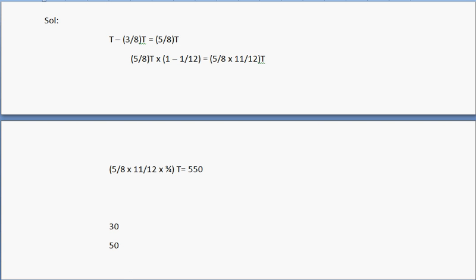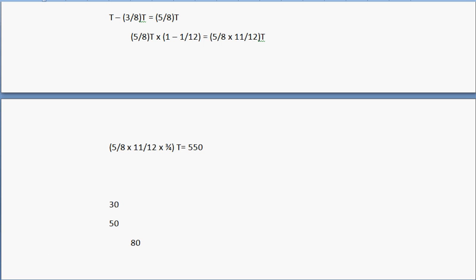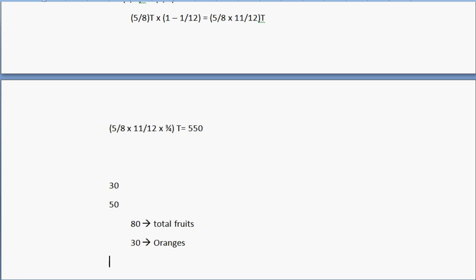So total fruits are 80, and 30 are oranges. To put things in perspective, we would say that the oranges are 3/8 of the total fruits.